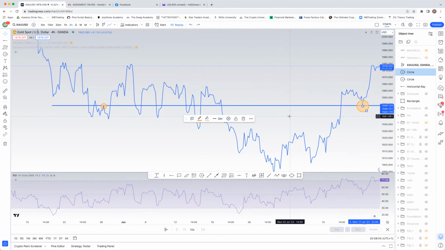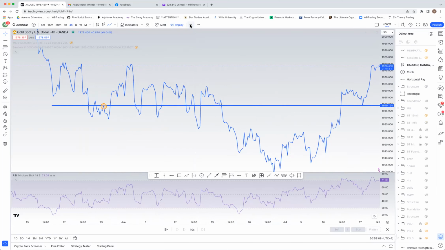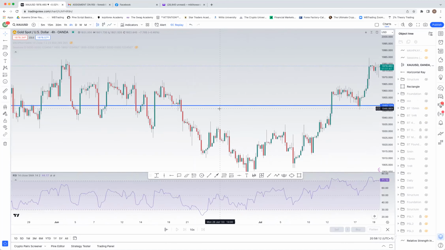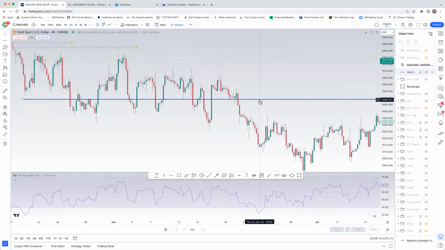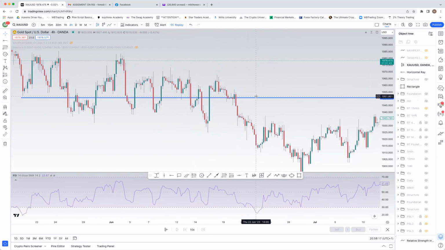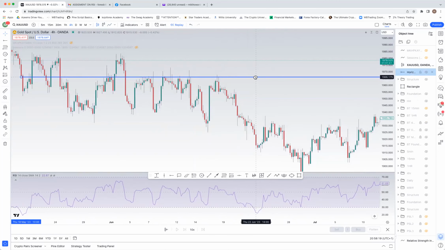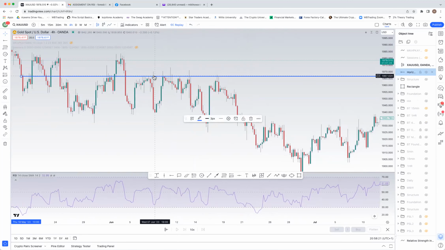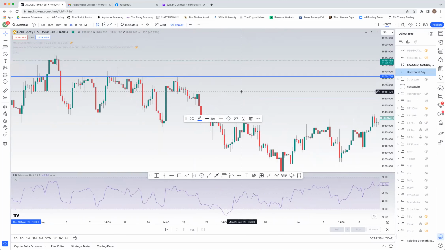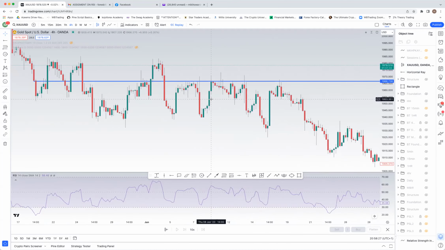Now, the third way of finding support and resistances is the use of what we call zones. So zones, just like the way we were talking about drawing a line for our support and resistance at the top here, whereby this respected that, we can rather decide to put a rectangle on it to cover that area completely.